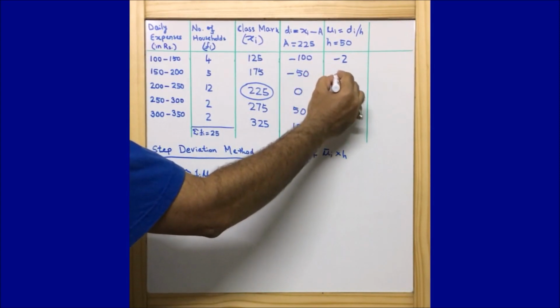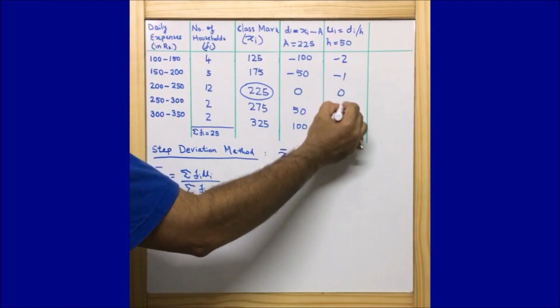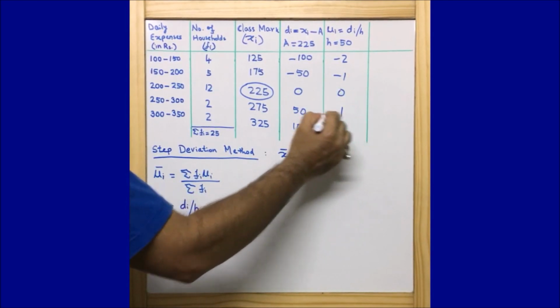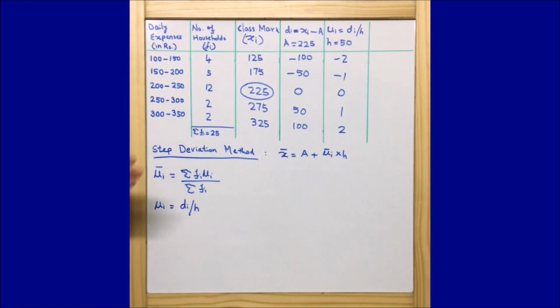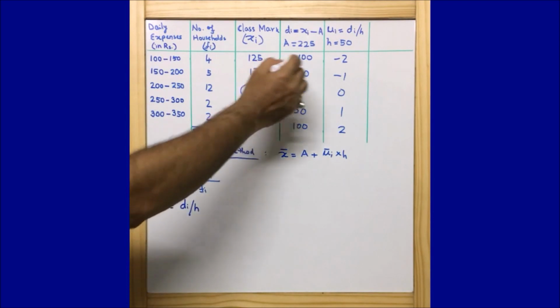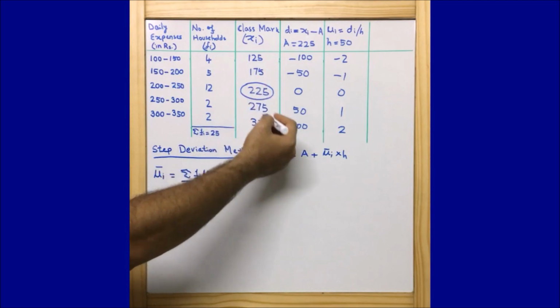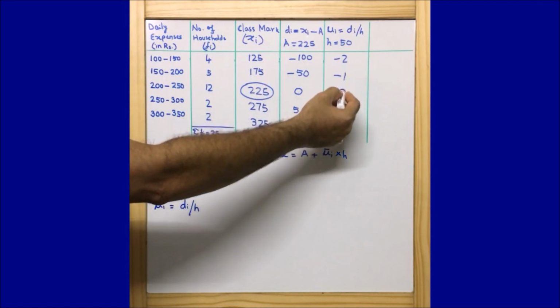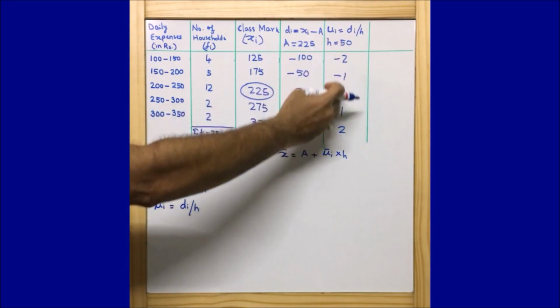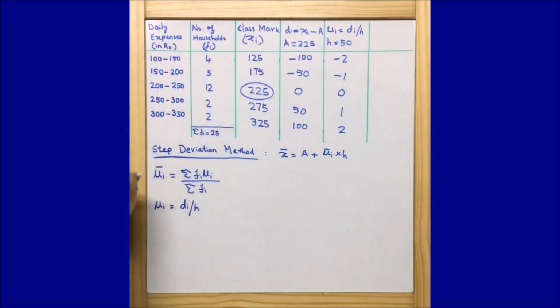Minus 50 divided by 50 is minus 1. Then we get 0, 1, 2. You can see how the values became very small. From 125, 175, 225, we now get minus 2, minus 1, 0, 1, 2. Don't you feel these values will be easy to multiply with fi?